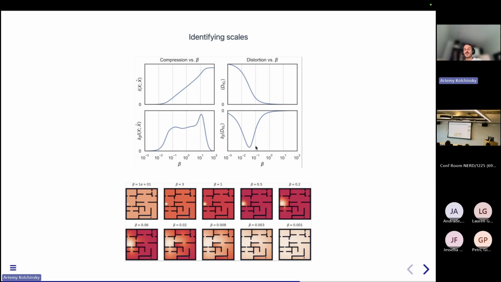So basically, this is where changing the trade-off between compression and distortion by a little bit changes our predictions by a lot. And if we squint at this, we can try to interpret these peaks as maybe corresponding to characteristic room sizes or something like that. This is maybe work to explore more.